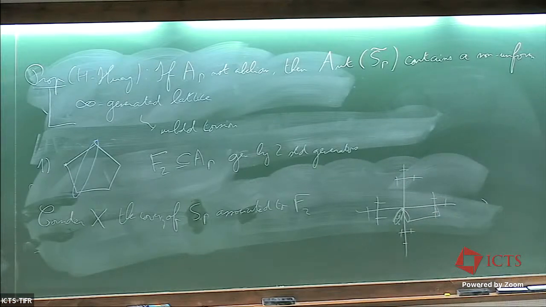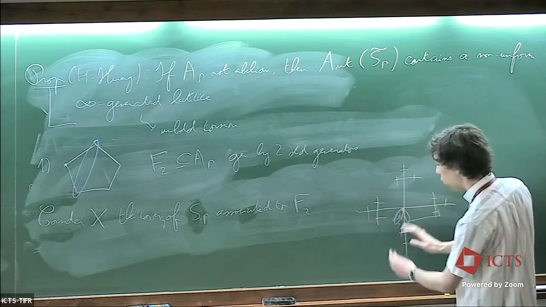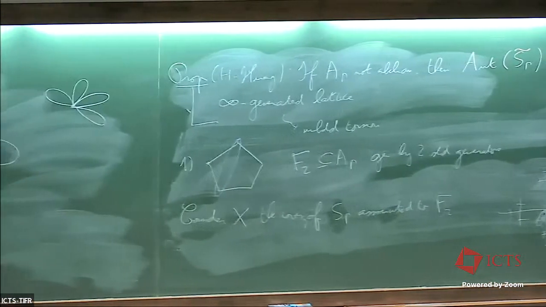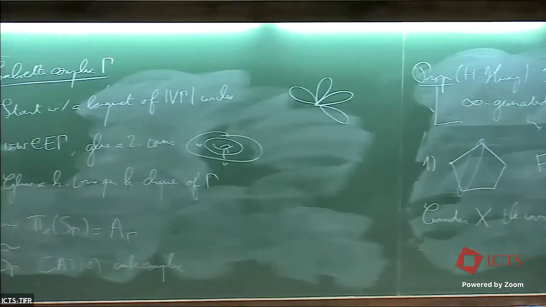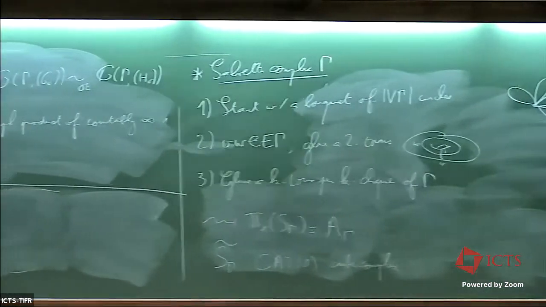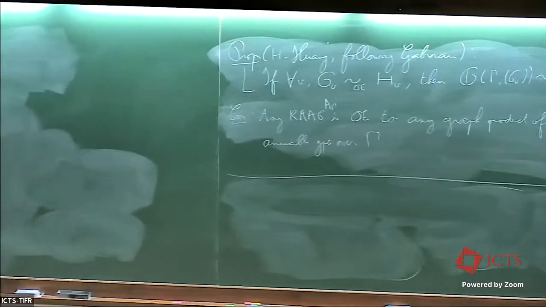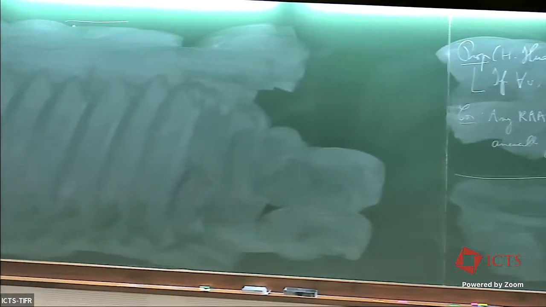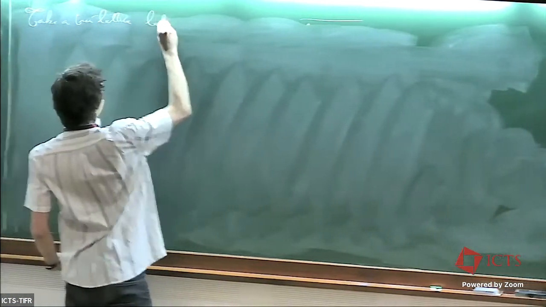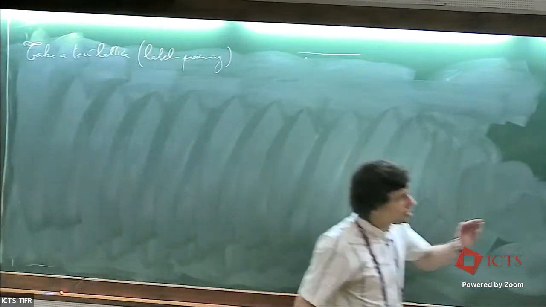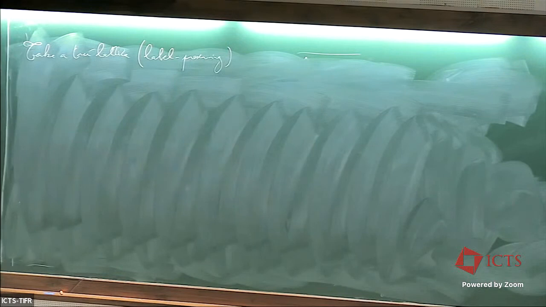And now you have this tree. So then you can take a tree lattice, and I want this tree lattice to be label preserving, meaning that it will send horizontal edges to horizontal edges and vertical edges to vertical edges.